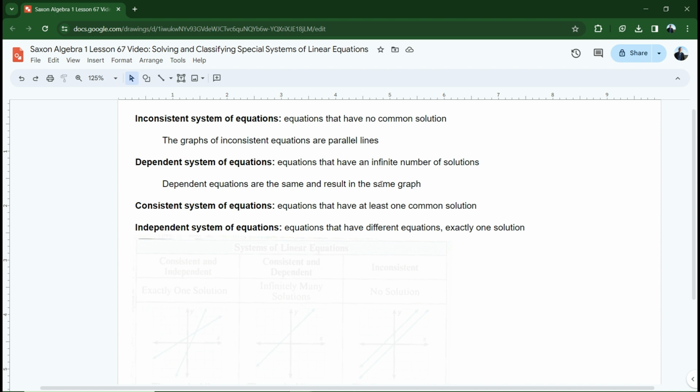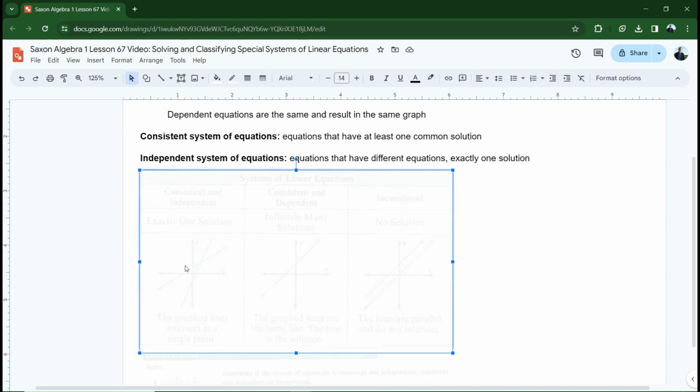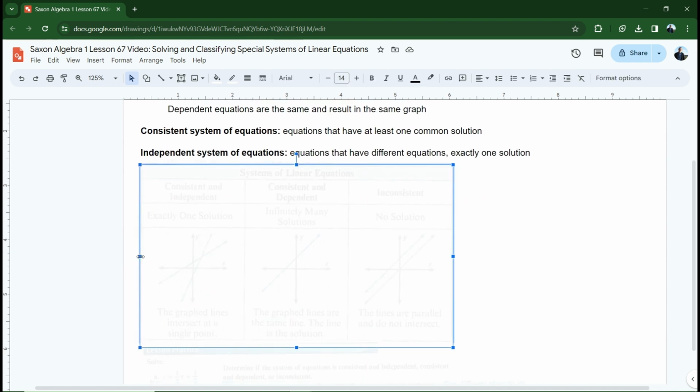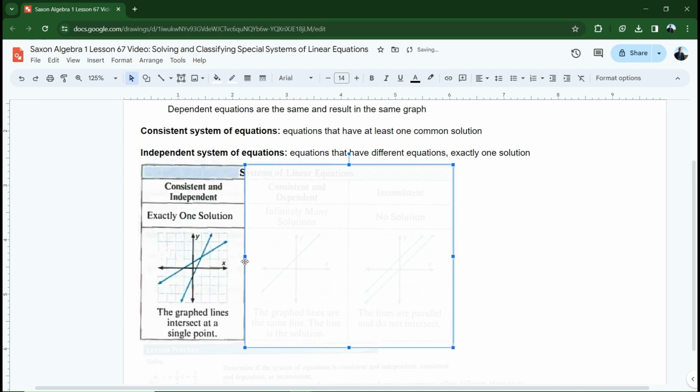Now let's look at some pictures and then we'll work some practice problems. This is an example of consistent and independent lines. Notice that if two lines are consistent, they have to intersect at at least one place, so they could be the same equation.